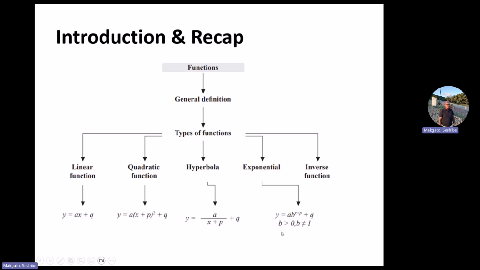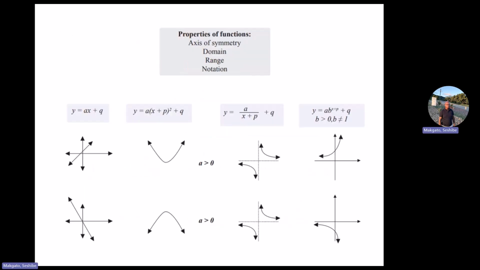And of course there are also inverse functions of any of these. We can also be looking at the inverse functions of any of these, where it is 1 over that particular equation. What we need to take from this is, in terms of the linear graph, how does it look?